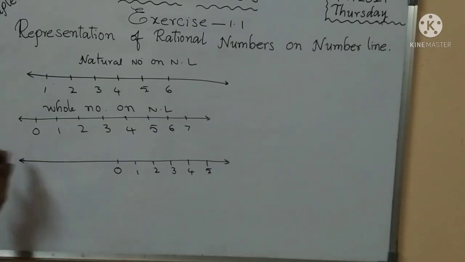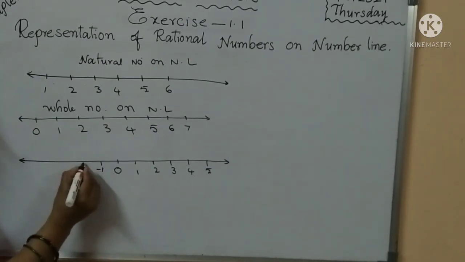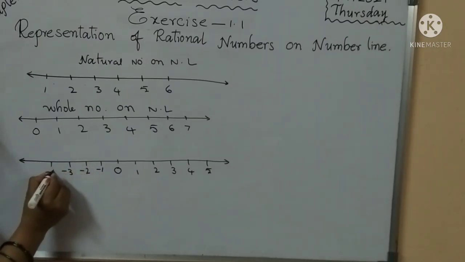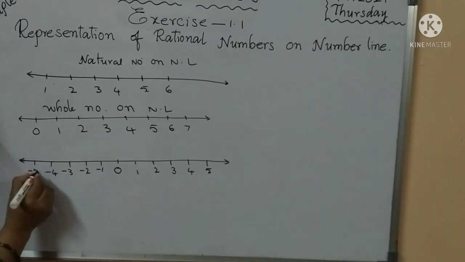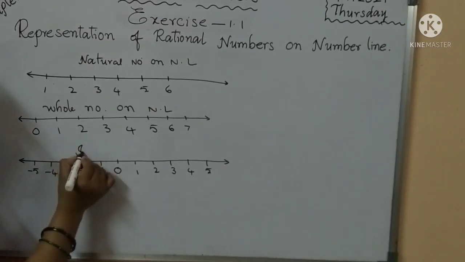On the left side of 0 we have to take the negative numbers: -1, -2, -3, -4, -5. Understand here? It is integers.